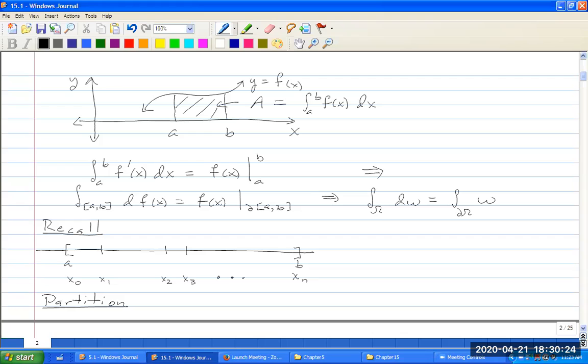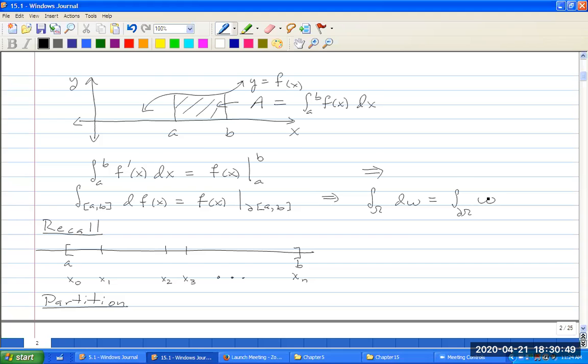So we'll try to extend this idea of the fundamental theorem of calculus to functions of more than one variable.